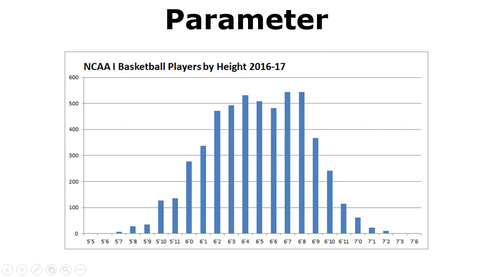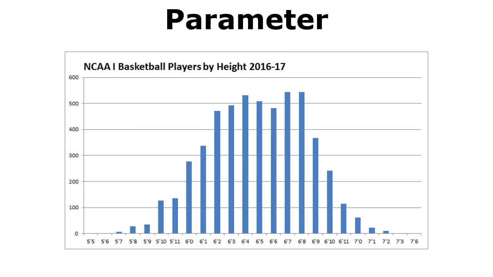So you will notice from this distribution that there are over 500 players in college who are 6'4", 6'5", 6'7", and 6'8". And I'm not sure what the average height is for basketball players, probably, just based on the graph, about 6'5". But this frequency distribution represents the data from all basketball players playing in college basketball.